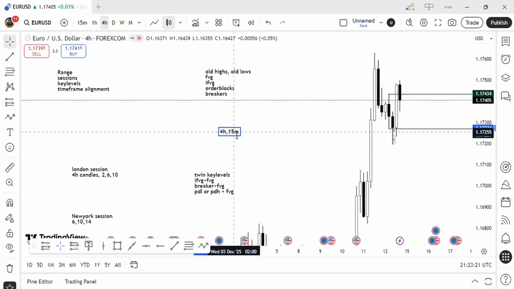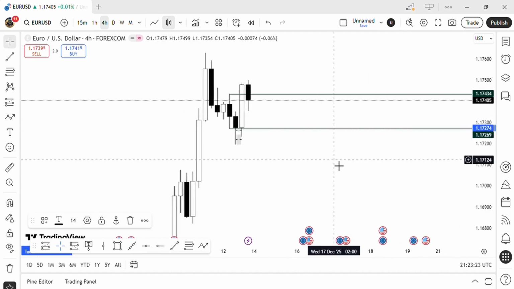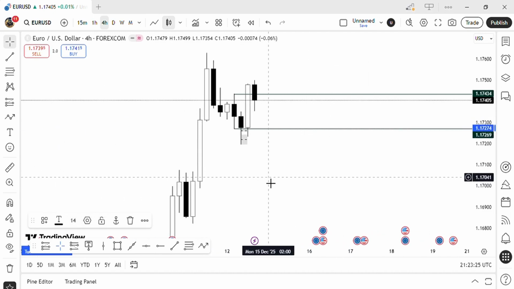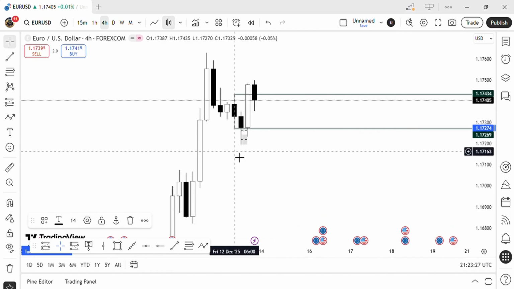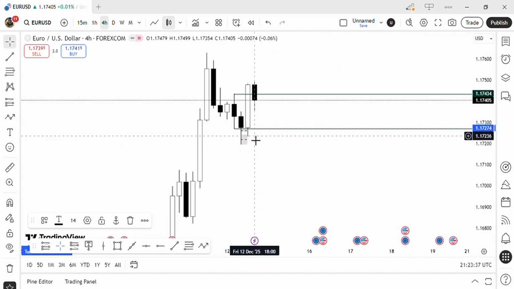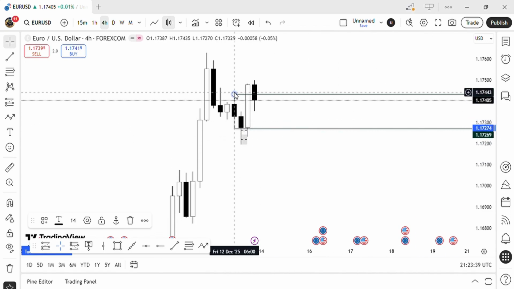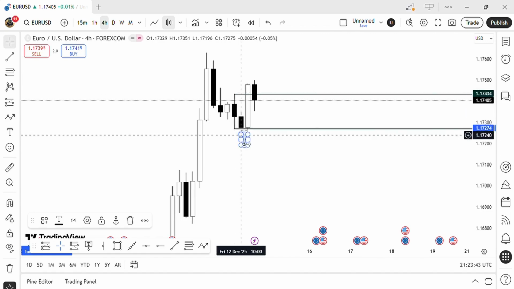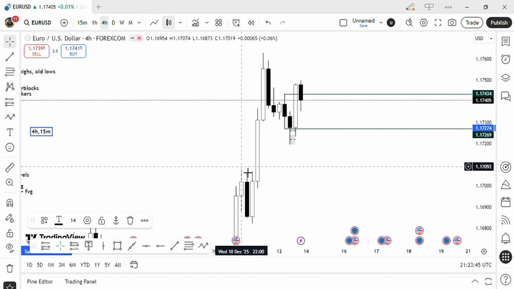Now on our 4-hour, what do we first look for? Since our 6 UTC candle has closed, which is basically the candle that will give us our range, now we have our range. What do we look out for in the second candle, which is the 10 UTC candle?